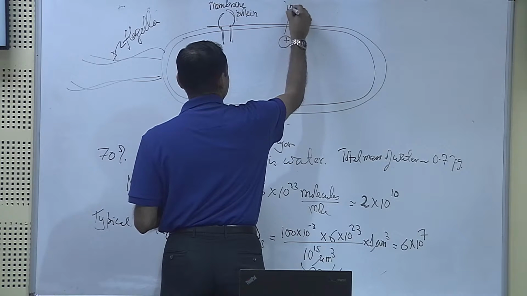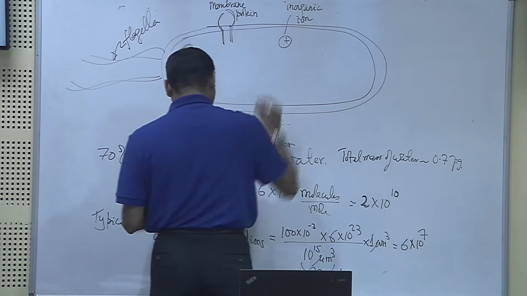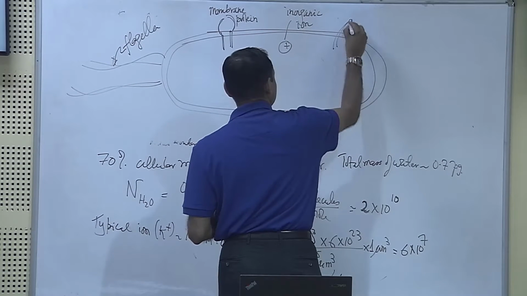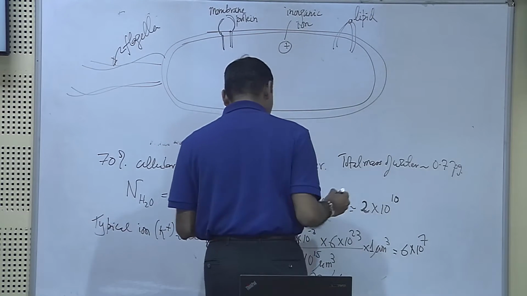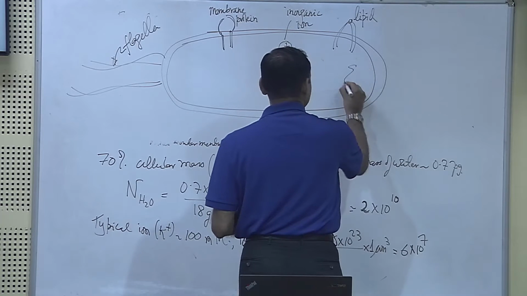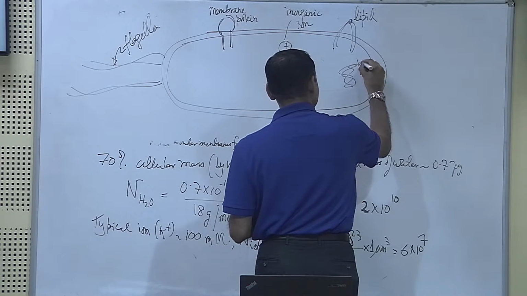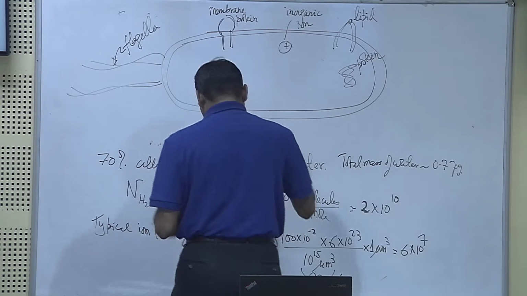These are inorganic ions. It will have some lipid molecules. It will have some protein. It will have its DNA.